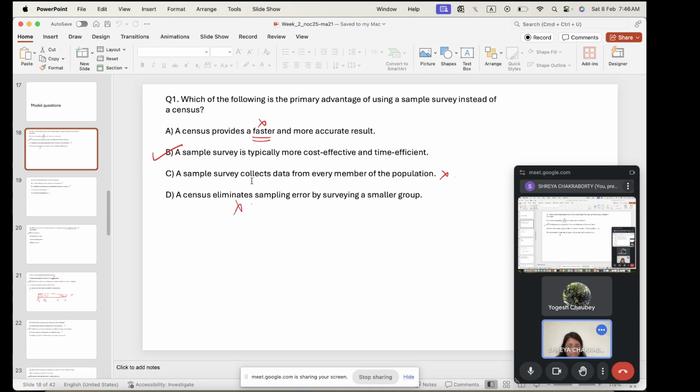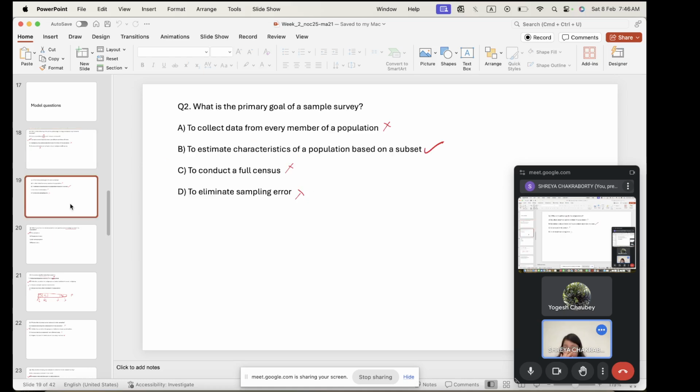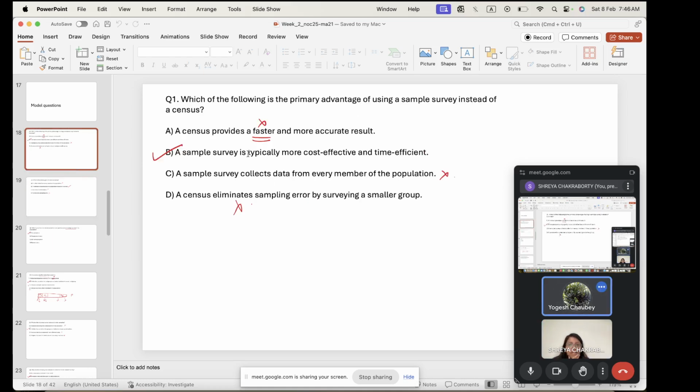Complete enumeration is required, so it's both time and cost heavy. A sample survey doesn't collect information from every member. And since a census will not have any sampling, there's no question of sampling error. So the correct answer was B: it is more cost effective and time efficient.